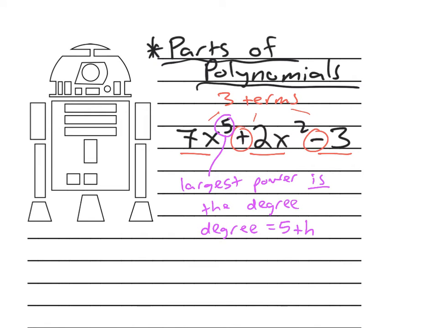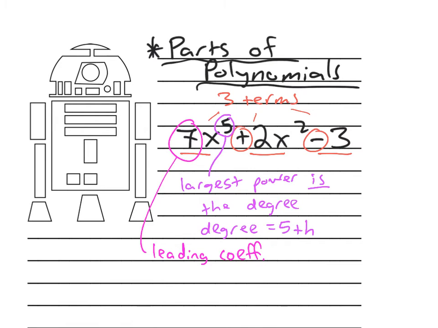Okay. Also important about that first term there is not only the largest exponents, but we're also going to take that value, the 7, and identify that as the leading coefficient. Leading coefficients. All of these important parts can only be identified in standard form. You might see it in other forms, but make sure you're in standard form.